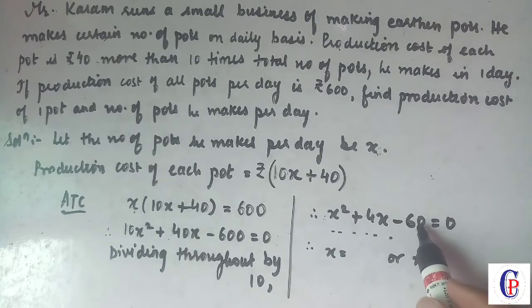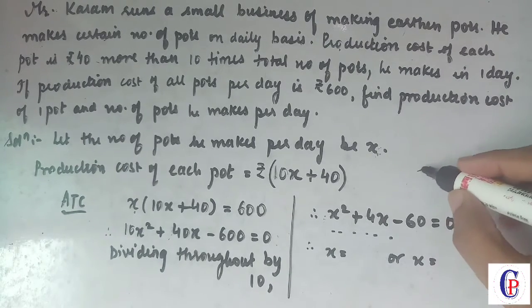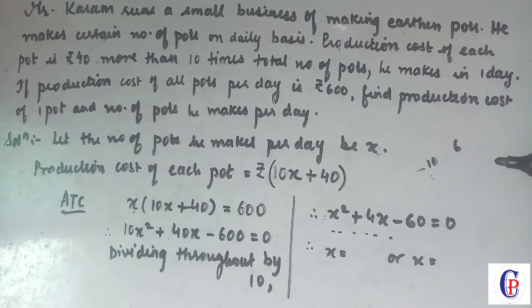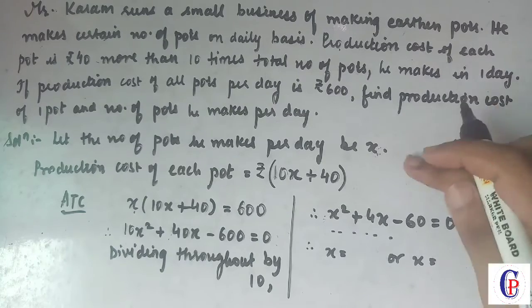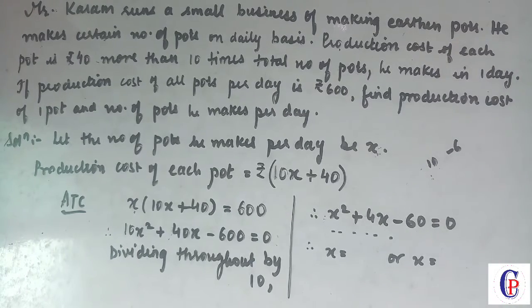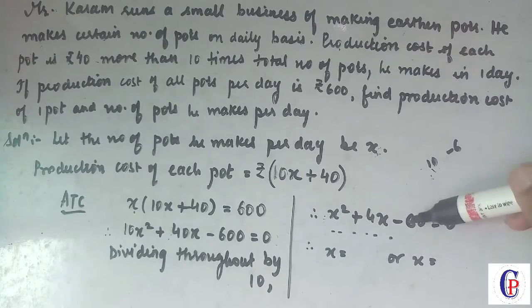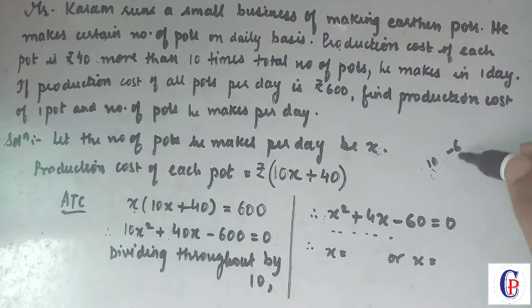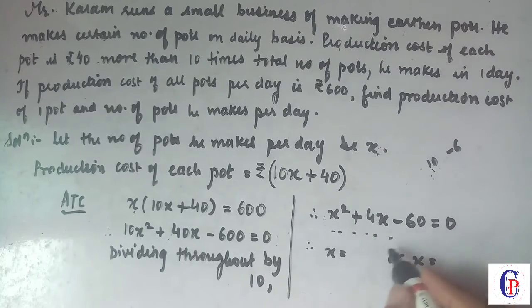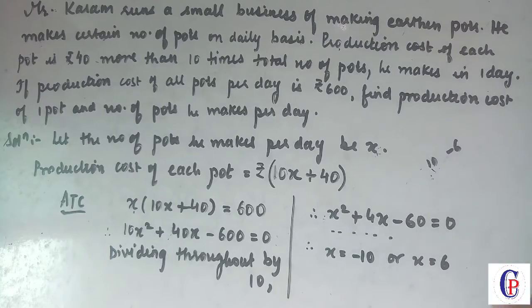Since it is minus 60, it would be 10 and minus 6, because 10 minus 6 is 4 and 10 into minus 6 is minus 60. So you will get x equal to minus 10 and 6.